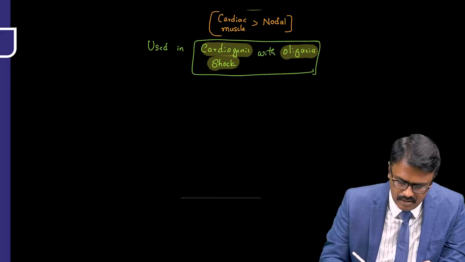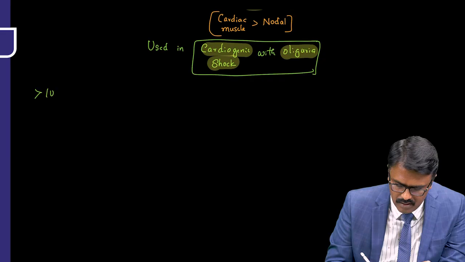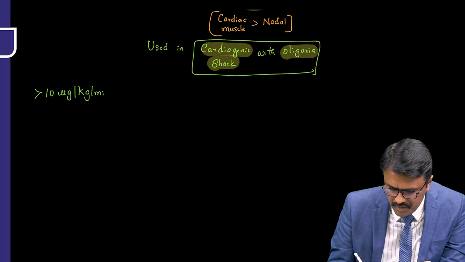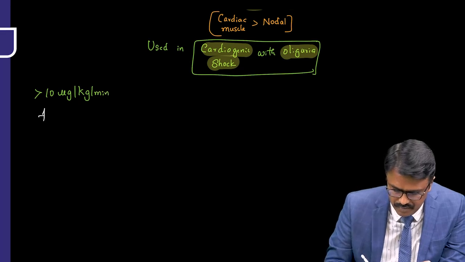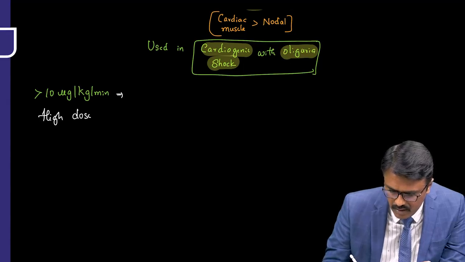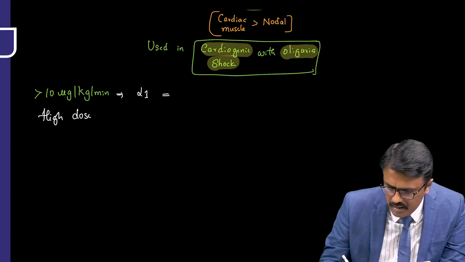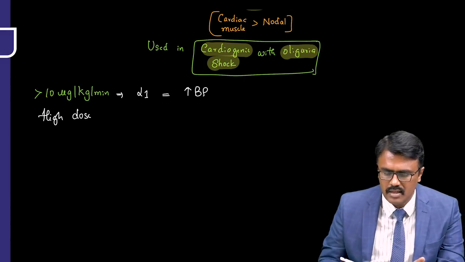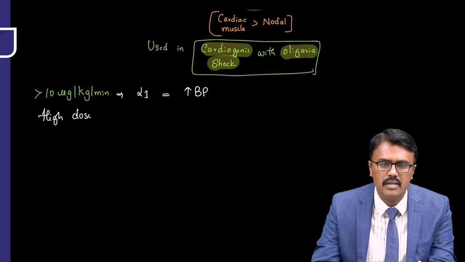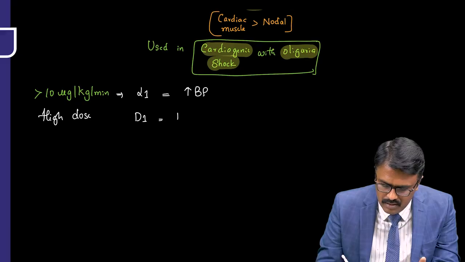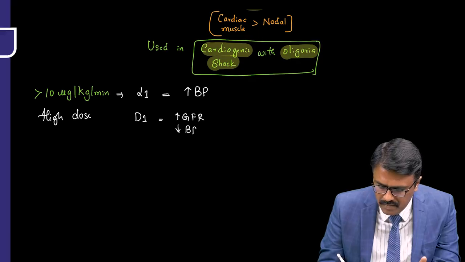Now, moving on to the other dosing. If you are using the drug at more than 10 microgram per kg per minute, this is the high dose. When you are using it at high dose, the drug will act on alpha 1 and it can increase the BP. Still, the effects of the other receptors remain. What are the other things that remain at this dose? The D1 action of increasing GFR and decreasing the BP remains.